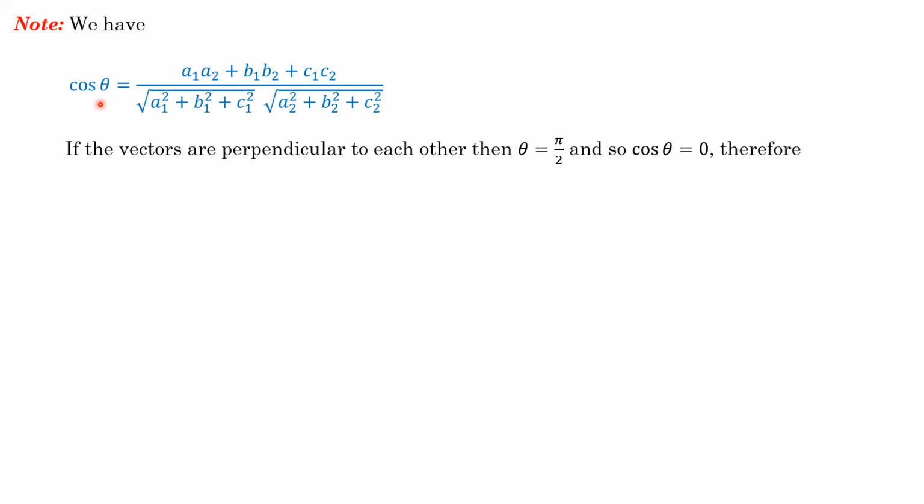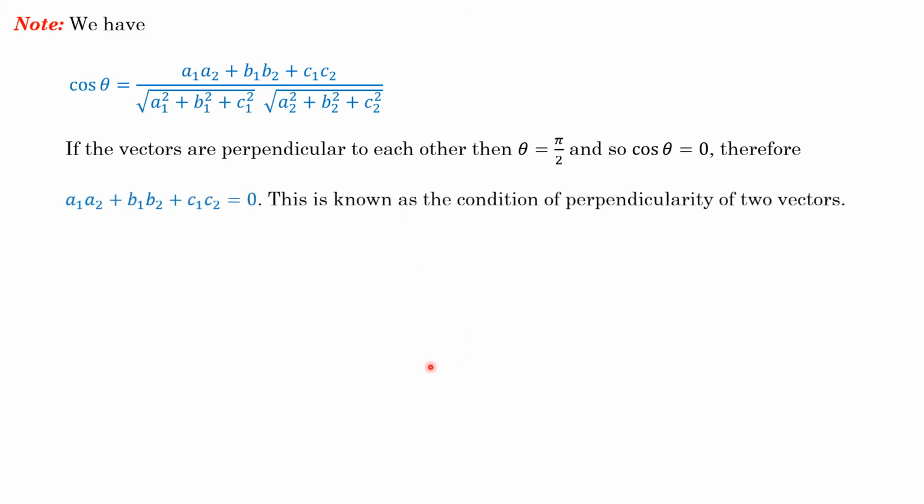And when cos theta is 0, then this expression will be equal to 0. And if this expression is equal to 0, then you can say a1 a2 plus b1 b2 plus c1 c2 is also equal to 0. This is known as the condition of perpendicularity of two vectors.